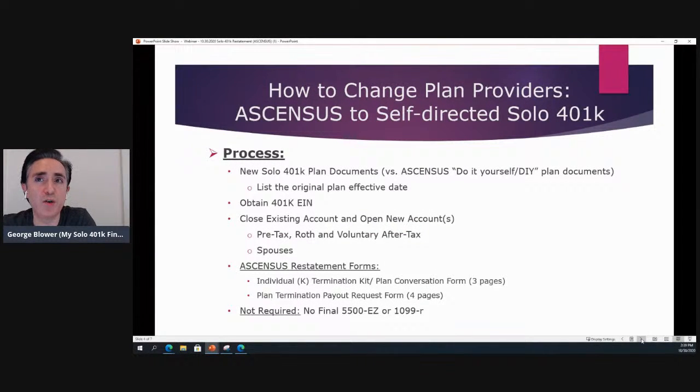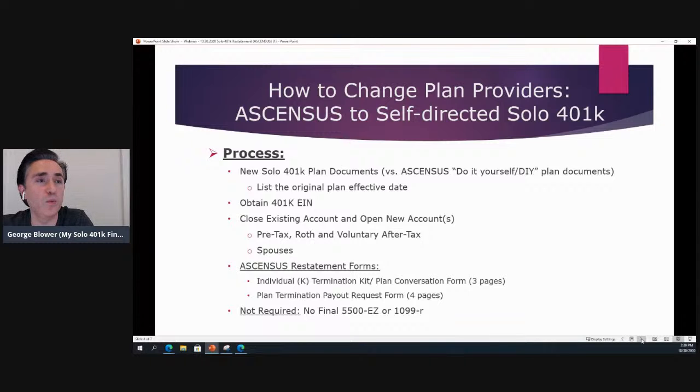Now we're going to shift gears and talk about the process to change from an Ascensus plan to a self-directed solo 401k with us. So the first step is that the documents need to be restated. That means that the essentially do-it-yourself documents that you would have drafted in setting up the Ascensus plan would be replaced with our IRS approved documents.